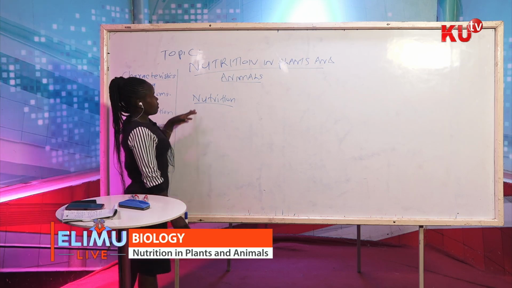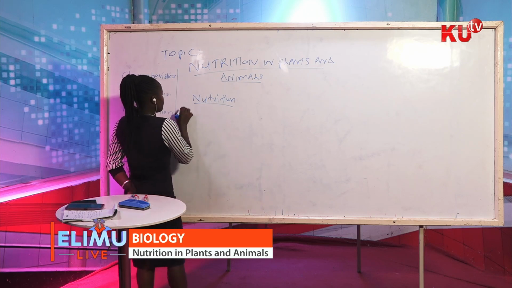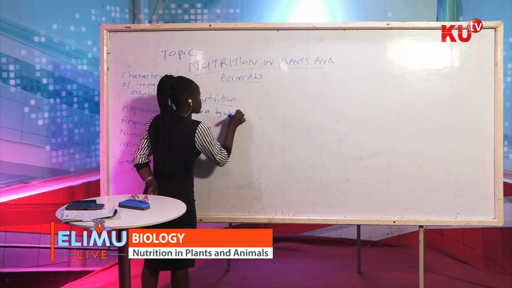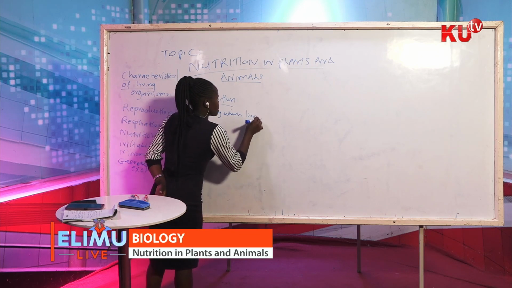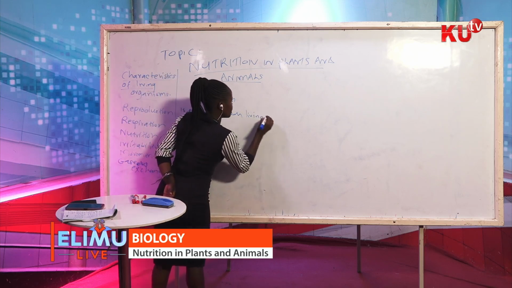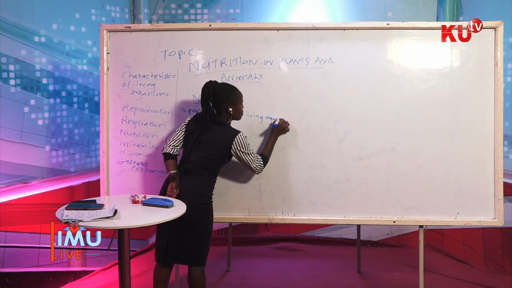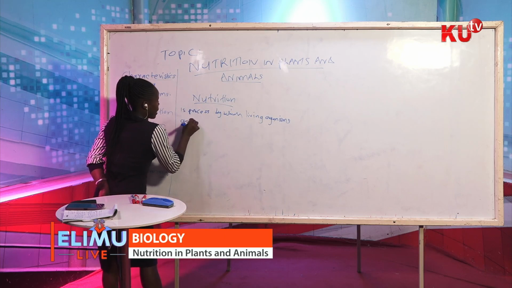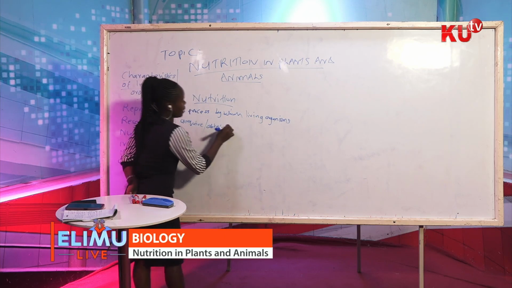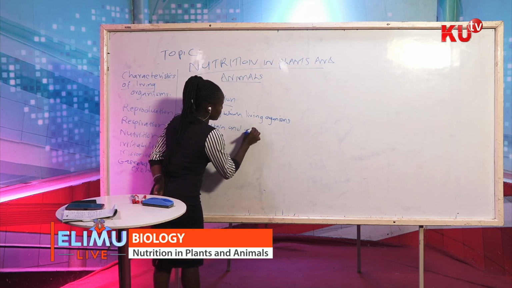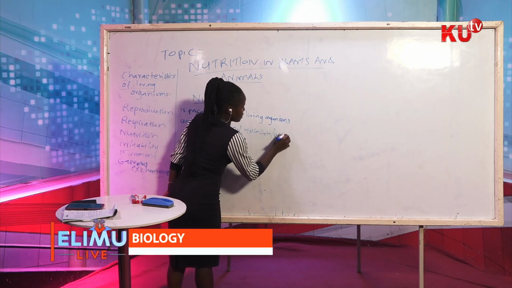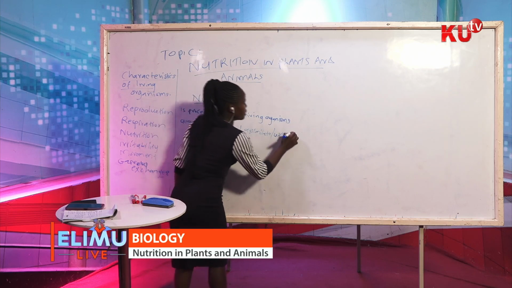So the definition of nutrition is the process by which living organisms acquire or obtain and assimilate or utilize food, or the nutrients.